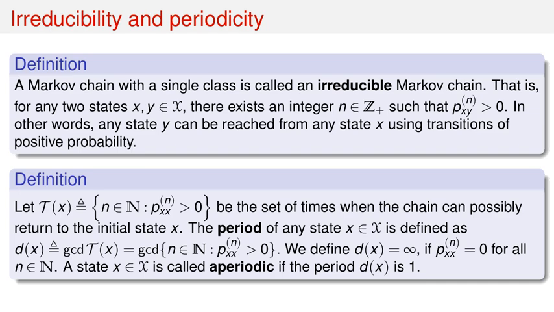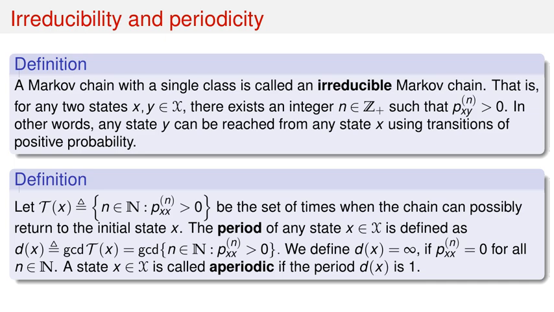The period of any state x in script X, denoted d of x, is then defined as the greatest common divisor, GCD, of this set script T of x. So d of x equals the GCD of the set of n in natural numbers for which P sub xx superscript n is greater than 0.